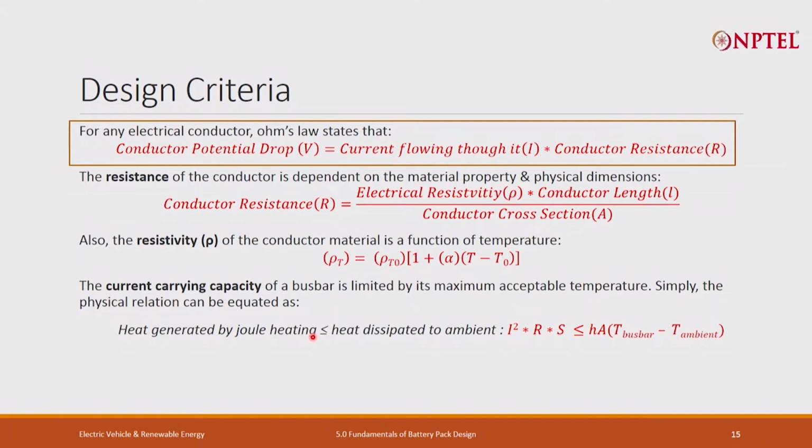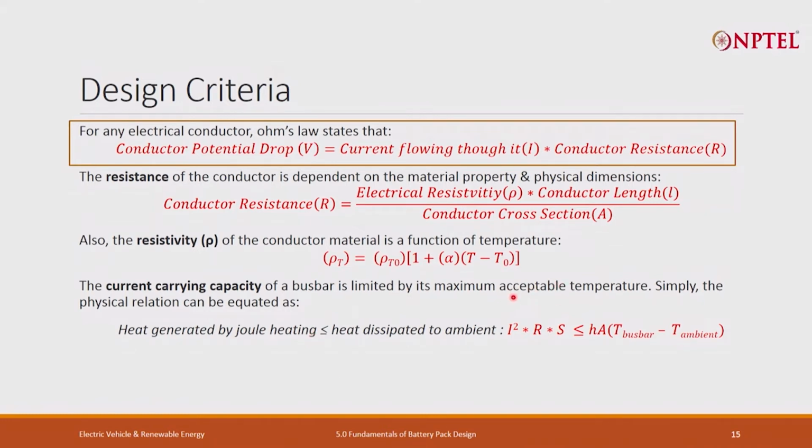So, at some particular level your heat generation and heat dissipation both become equal, and that is the design limit we put. Generally this delta T should not be more than 10 degree in regular applications. Based upon the material or the thermal management system, it could be anything else also, but generally we consider around 10 degree delta T, plus 10 degree.